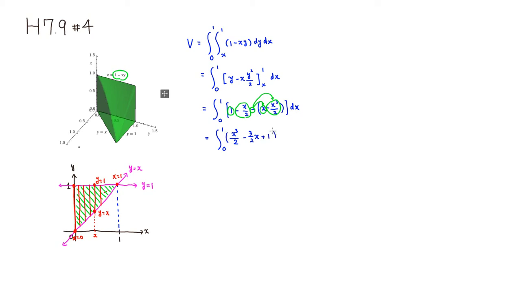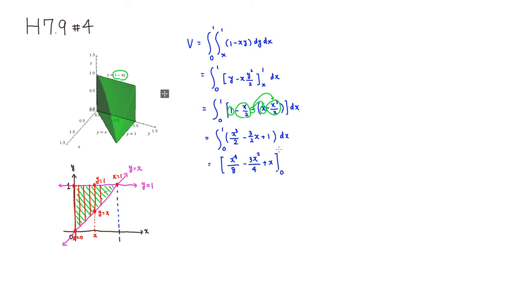Then we need to integrate this. The antiderivative would be: add 1 to the power, so x to the 4th over 4, and there's a 2 there, so that's going to be over 8, minus 3 x squared over 2, but the 2 was already there, so it's over 4, plus the antiderivative of 1, which is just x.